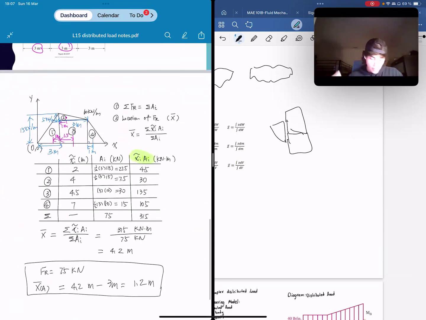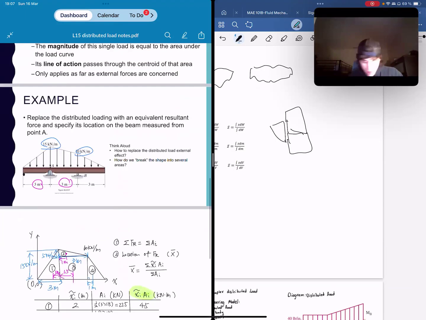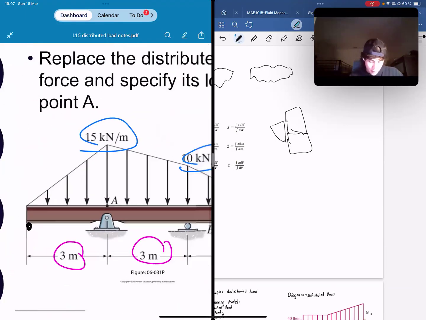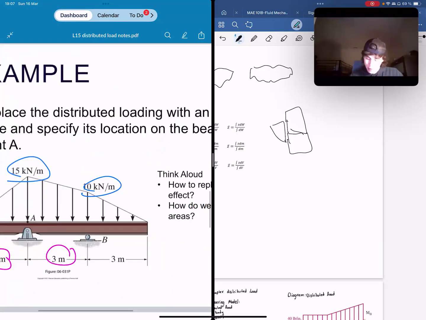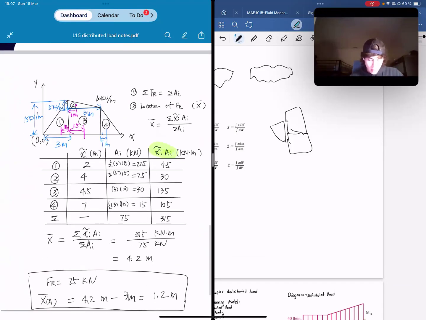So I can identify a triangle right here, a rectangle right here, and another triangle right here, and use what I just explained in the lecture before to find X bar and Y bar. Taking into account though that this is load per meter, so it's force per meter.